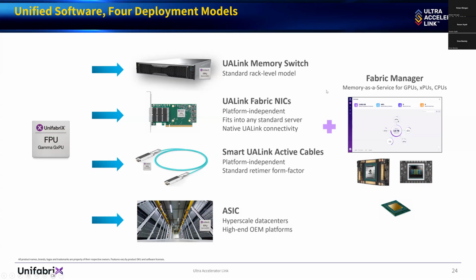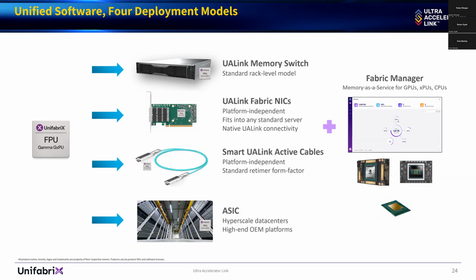This is the silicon. The silicon is accompanied by software. We call it a fabric manager. This is the standard term. The fabric manager is actually an orchestration layer that controls what memory representation, or memory abstraction, each compute element sees, and how much of the memory that sits in the fabric each of the compute elements can get.